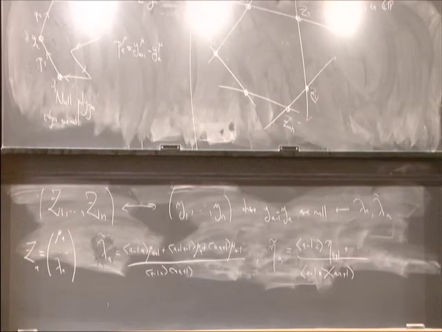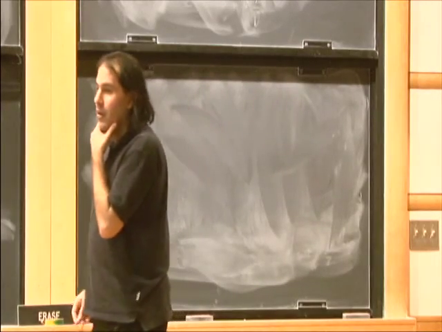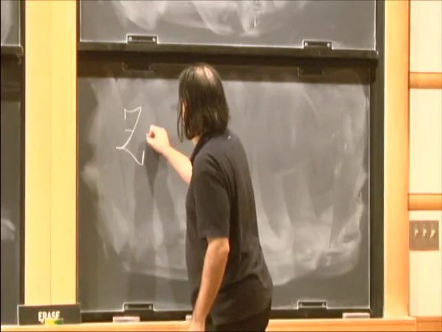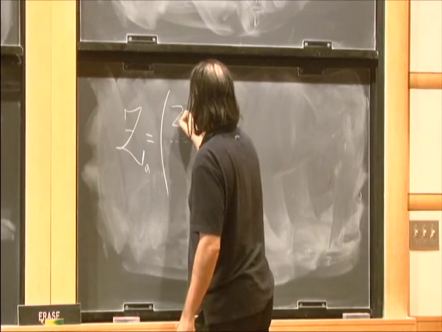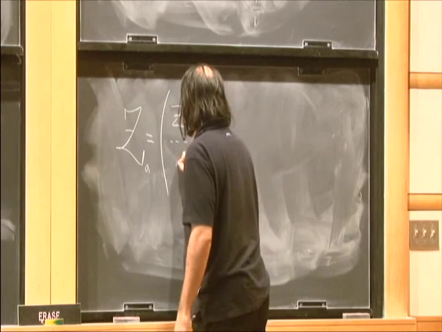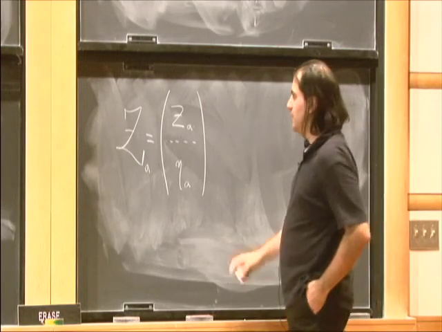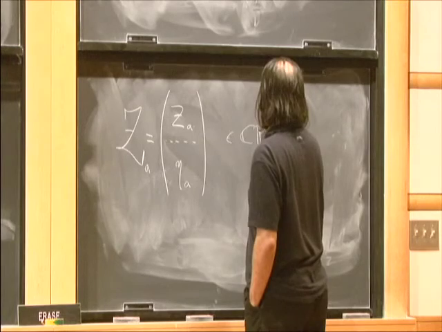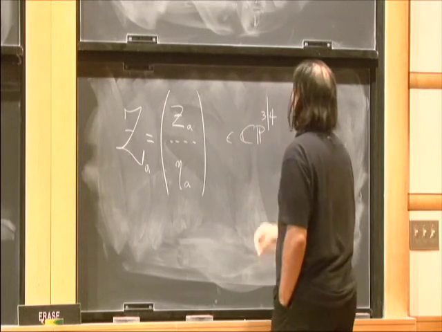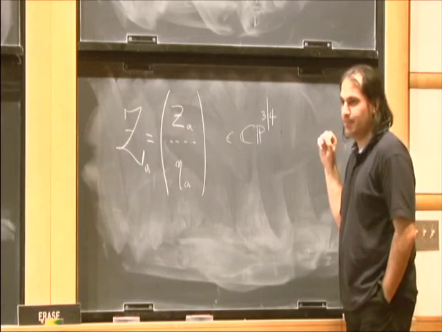So what we're finally left with after all this work, let me just say the final story. The data is now encoded by a variable that lives in CP3 with 4 extra fermionic coordinates. So the Z_A are coordinates in CP3|4. That just indicates that there are 3 bosonic and 4 fermionic coordinates.